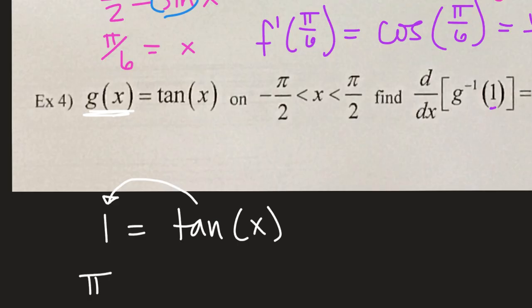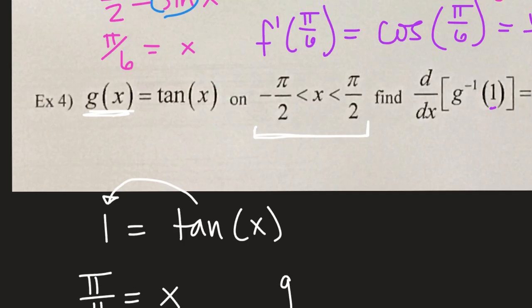That happens at pi over 4. That's the angle on your interval, right? So we have negative 90 to positive 90. 45 degrees is in there. That's the only place in that interval where tangent is positive 1.